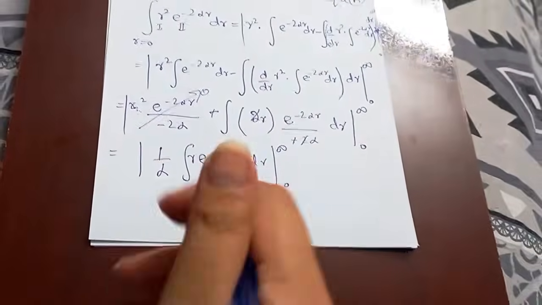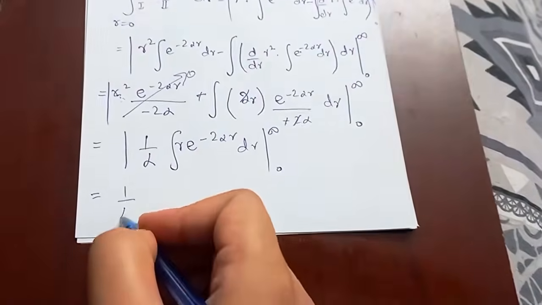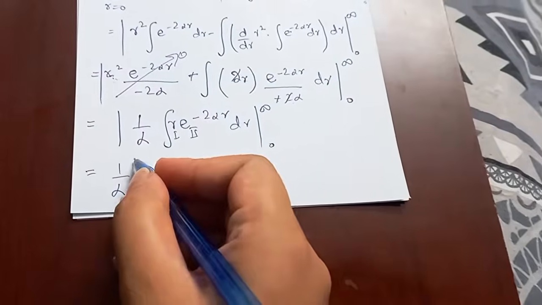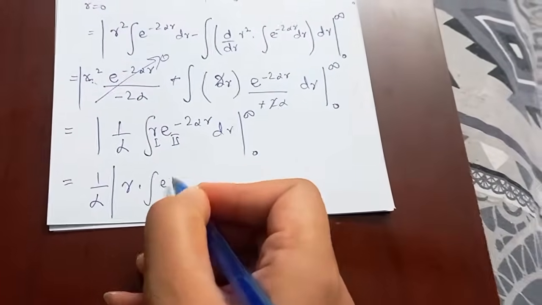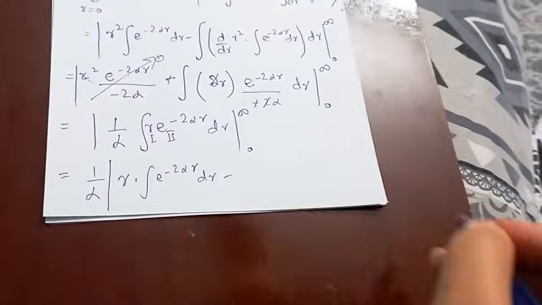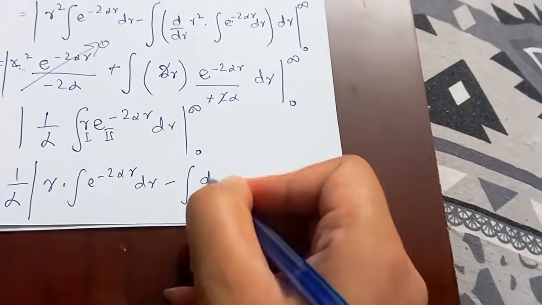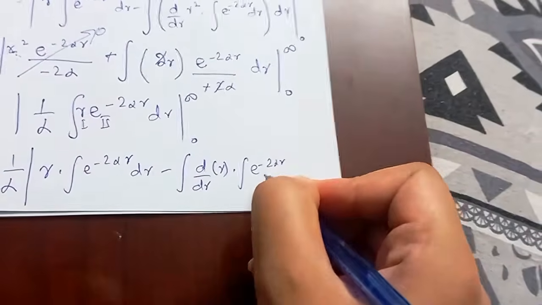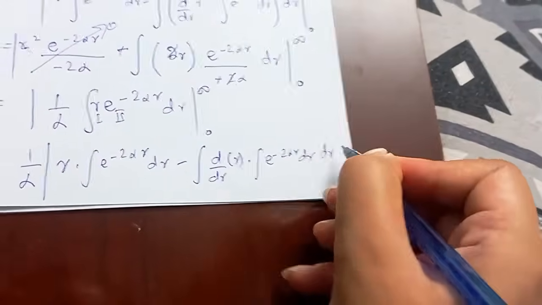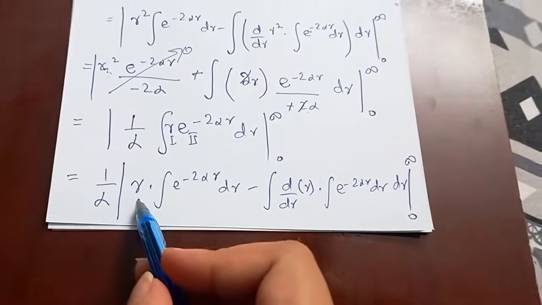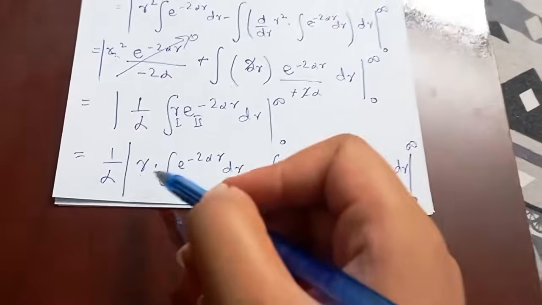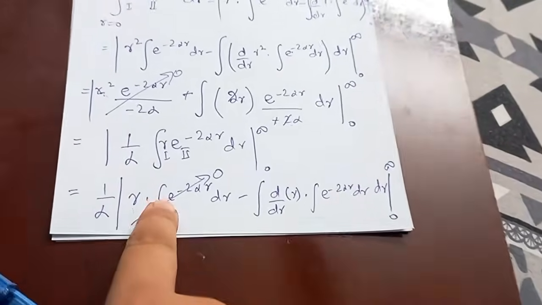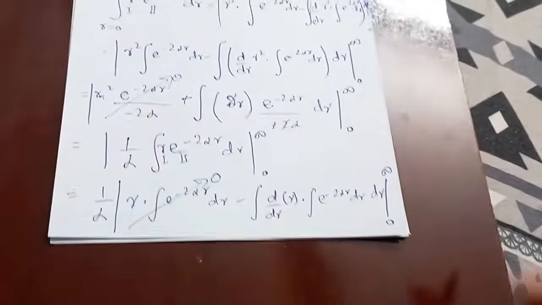Let's do its integration again by parts. 1 over alpha can be taken out, and integration by parts, its first term and its second term. So first term as it is, integration of second term, minus integration of d by dr of first term, which is r, dot integration of second term. Again, since this term has r in it separately, it will become 0. Okay, only this term will be non-zero, so we'll take it 0 as well, and we'll neglect it.